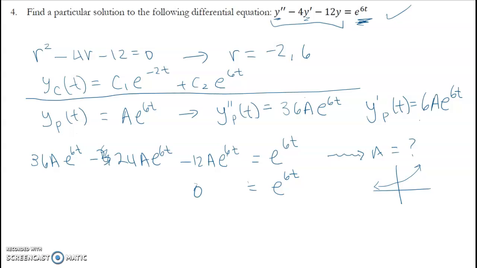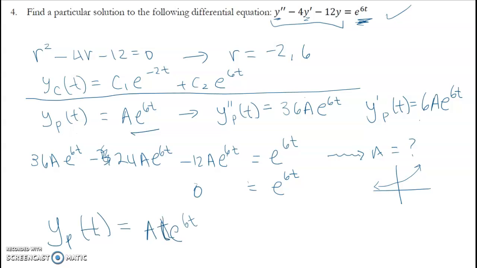So just to give you a hand, in these cases, when you are not able to solve for A's or B's or C's, then our particular solution, this was our original one, e to the 6t, as given here, but we just multiply it by our variable, which is t.